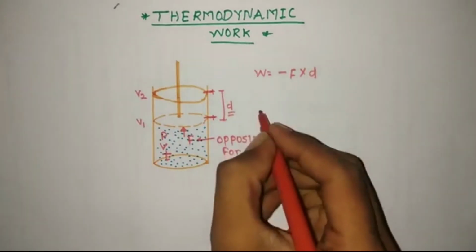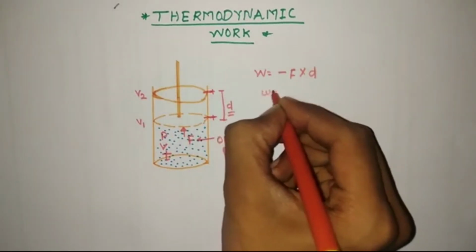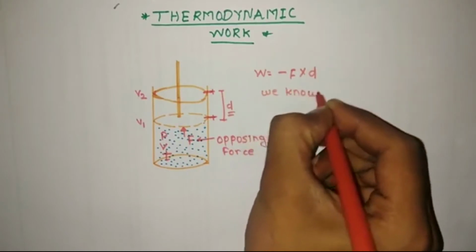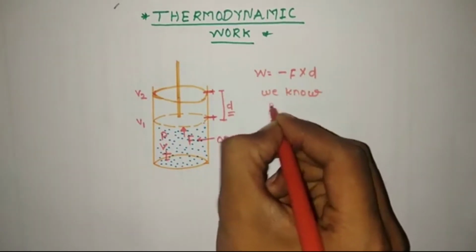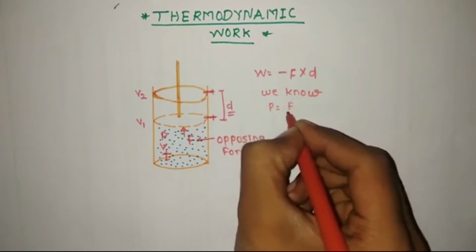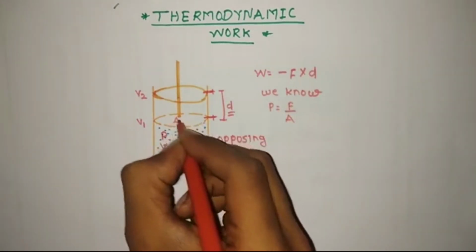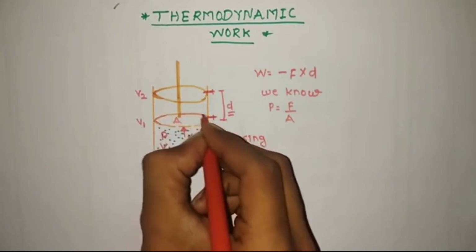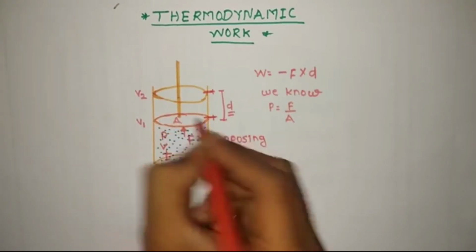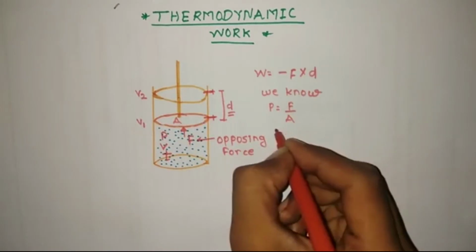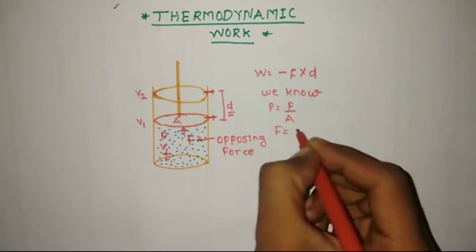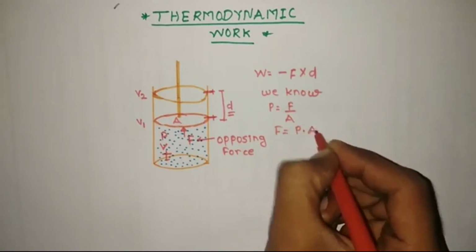Now we know that pressure equals force upon area, where the area is the circular area of the piston. From that we get force equals pressure into area.